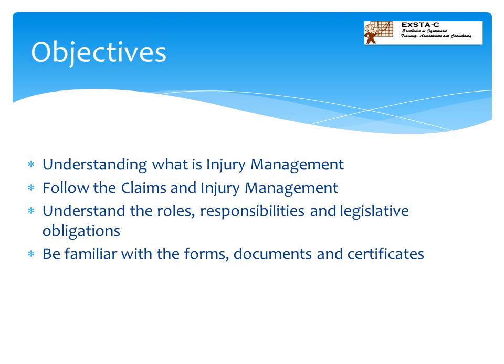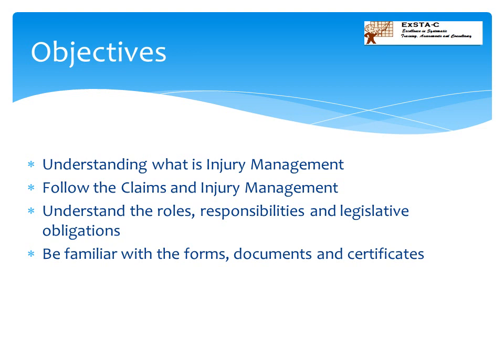At the end of this session, you should be able to demonstrate a commitment to your employees and their safety and well-being by being able to demonstrate your understanding of what an injury management process is, follow an approved injury management process, and understand the roles and responsibilities of all parties involved.